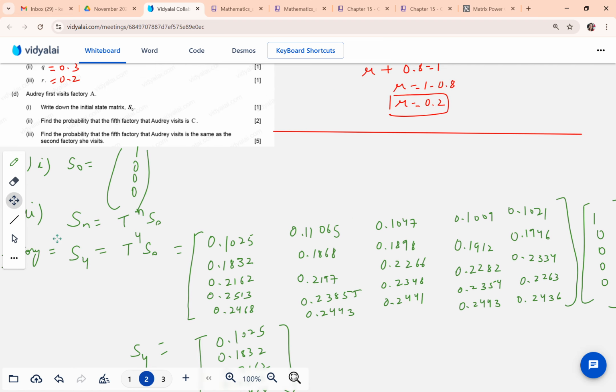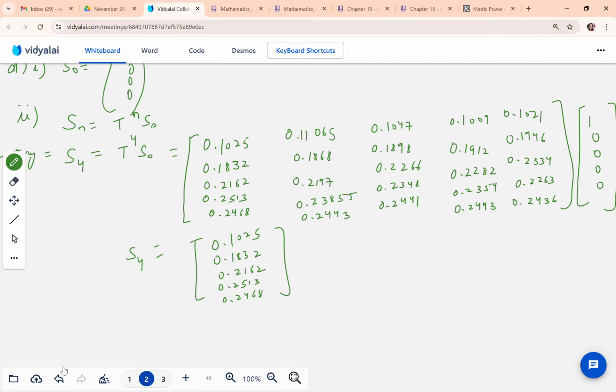So now you can write the probability that the fifth factory to visit is C. So the probability the fifth factory is C is equal to the probability for C. This is for A, B, C, so that is 0.216, approximated to 3 significant figures. The first one is for A, second for B, third for C, fourth for D, and last one for E.